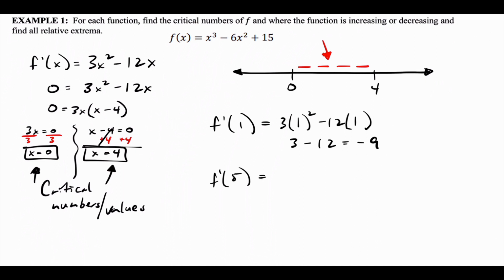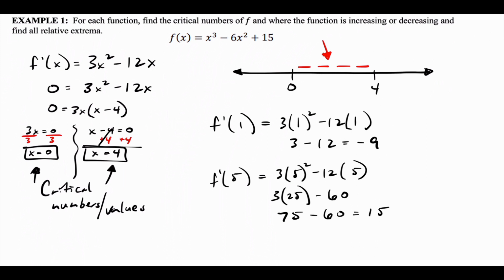Is that the only number I could have chosen? No. But I'm just trying to choose things that are small, especially because I have to square them. So I'm plugging it into the derivative. So I have 3 times 25 minus 60. So 75 minus 60 equals positive 15. Again, I could care less what number it is.